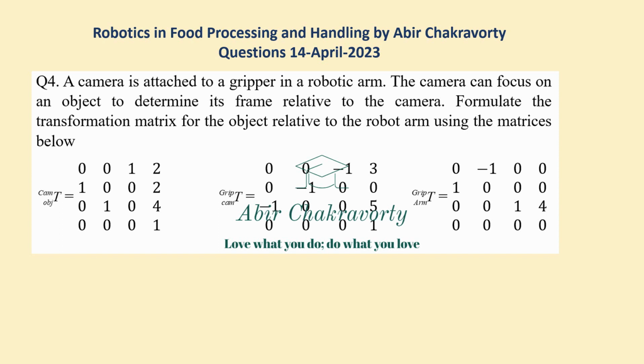So we are given cam T object, the camera transformation to object. We are given gripper transformation to camera and gripper transformation to arm. All these are 4x4 matrices with the first 3 rows and 3 columns for the rotation matrix. This is the translation part, this is the perspective matrix, and this is the scaling matrix.